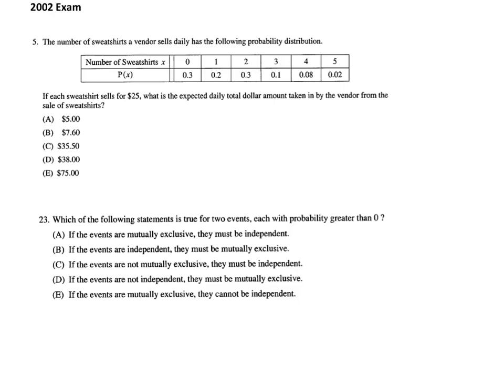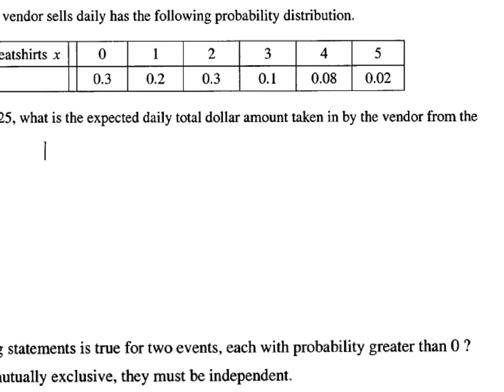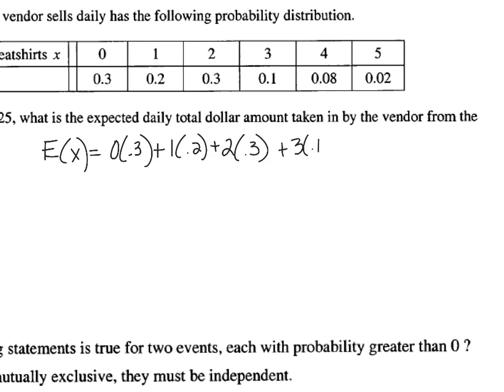Well, first I'm going to find the expected value. So to do that, I'm going to take 0 times 0.3, 1 times 0.2, 2 times 0.3, plus 3 times 0.1, plus 4 times 0.08, plus 5 times 0.02.